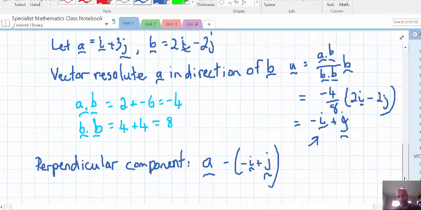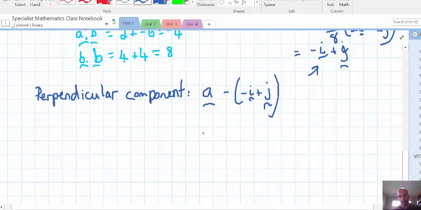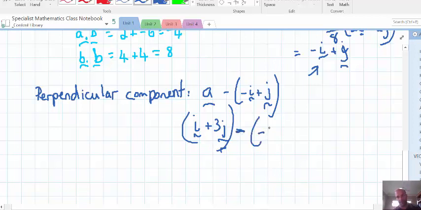Vector A just above was i plus 3j, so we have i plus 3j take negative i plus j.